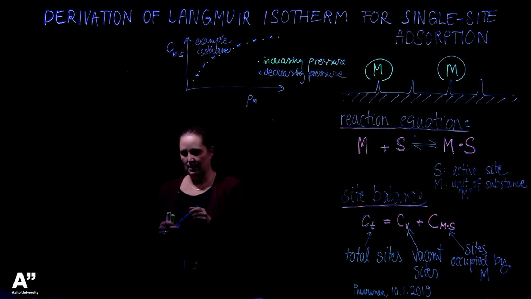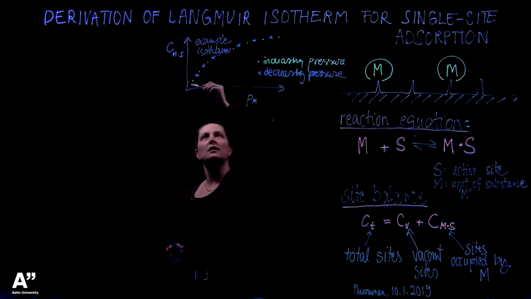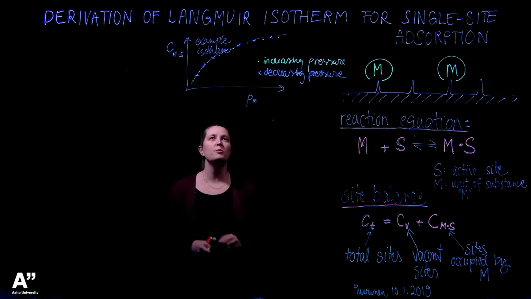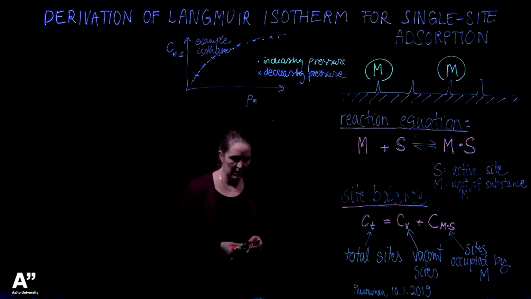In this case, you see that all these points nicely fall in the same line. So this would be a case where there is no hysteresis, no difference between these two curves. In some cases there can be hysteresis observed. We do not consider that here in this lecture.